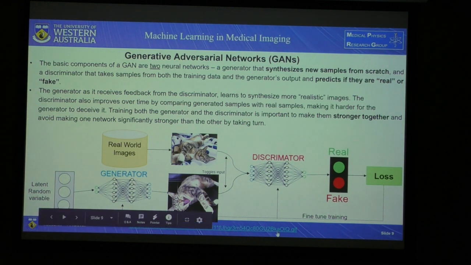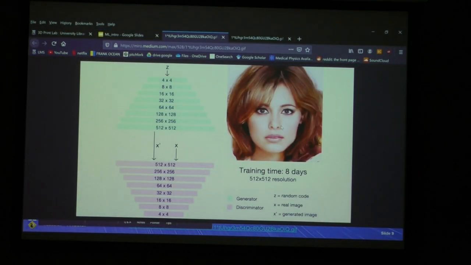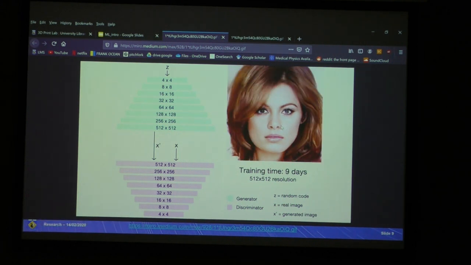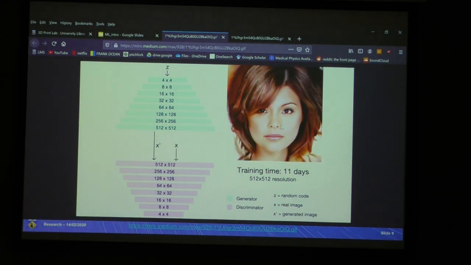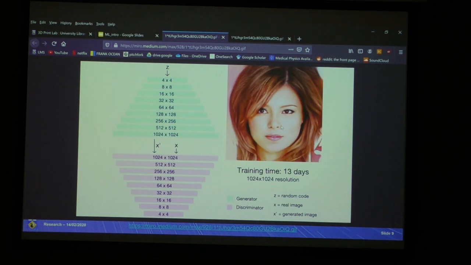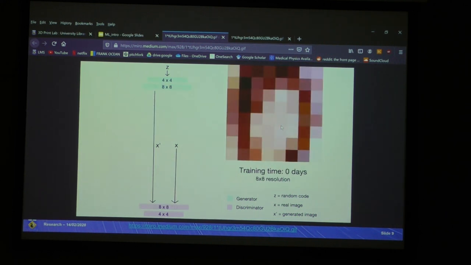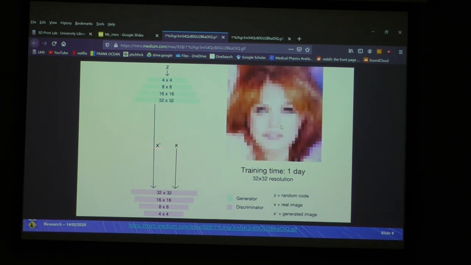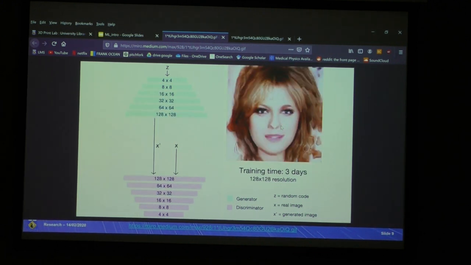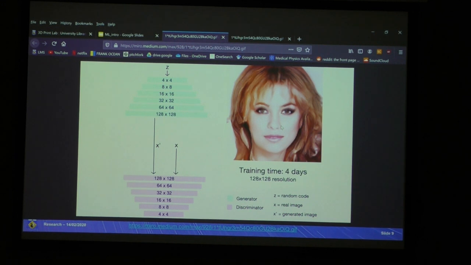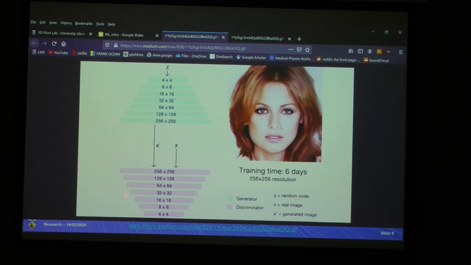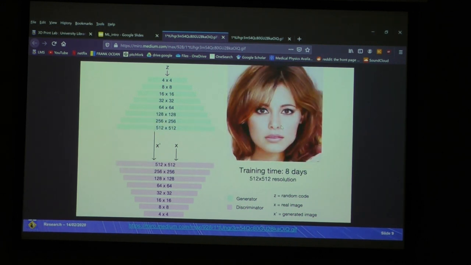Another example of these GAN networks is shown in this study here, where they took images from a celebrity database of women with brown hair, and they required the generator to create completely synthetic images. And they required the discriminator to judge these images.